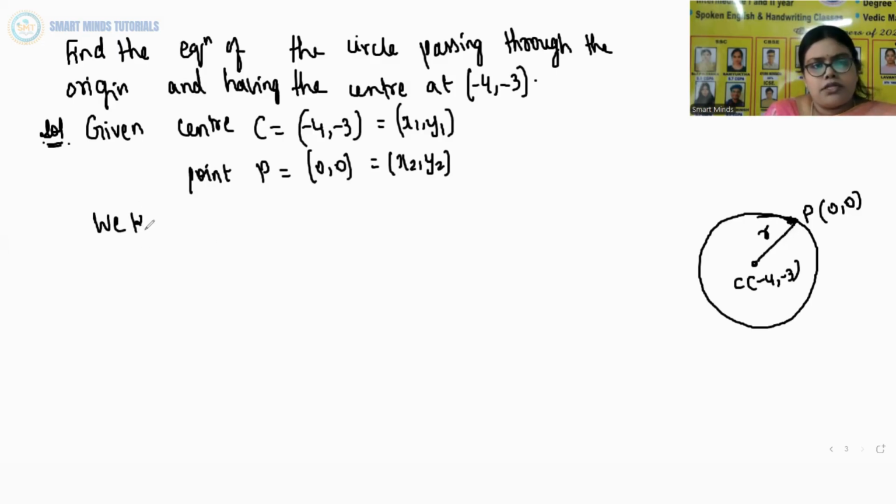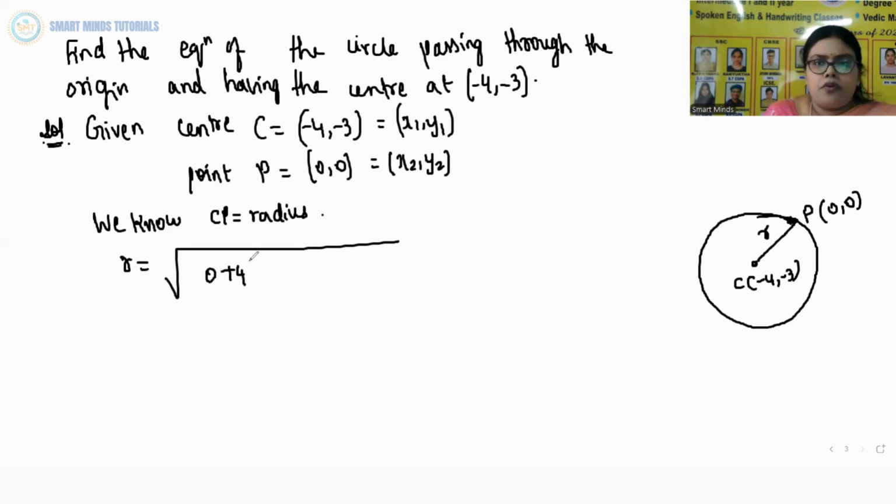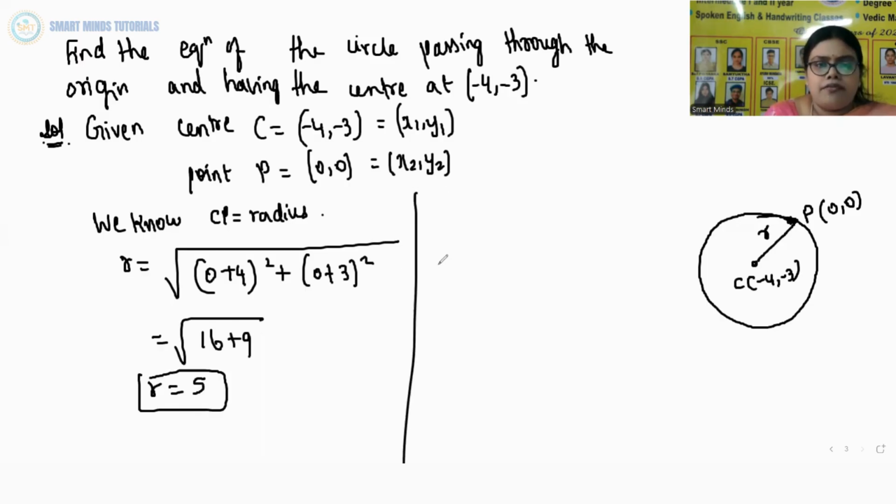Now we know that CP is equal to radius. So R is equal to the distance formula: root over (0 plus 4) whole square plus (0 plus 3) whole square. That is root over 16 plus 9, which is equal to 5. You got radius as 5.